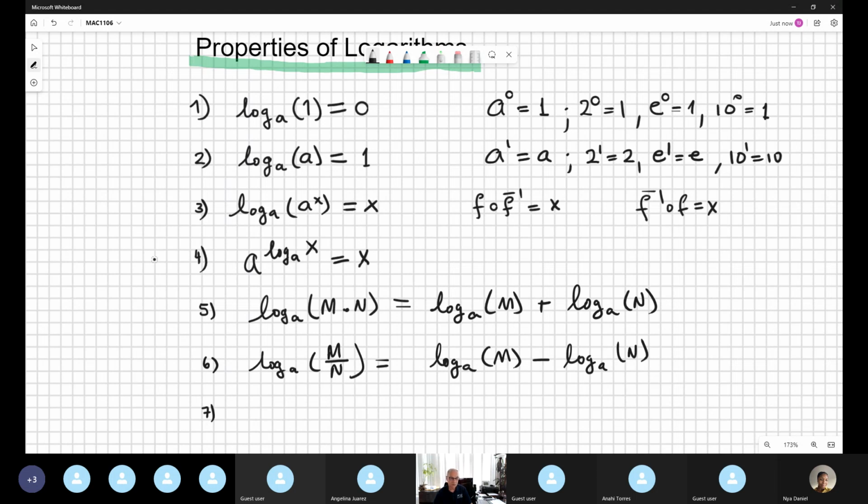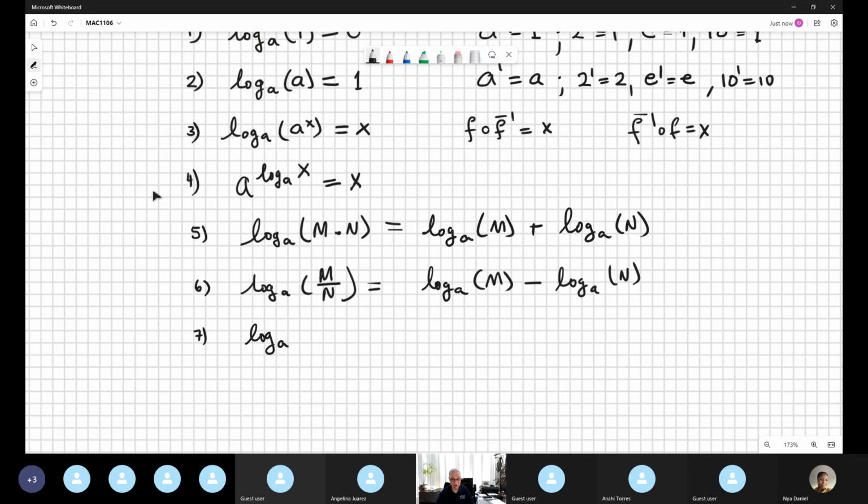Get to property 7. Suppose property number 7 says logarithm of any base. I suppose hypothetically always that the base is A. A is any real number that is an acceptable value for the base. Okay, you know that the base is positive, not 0, not 1. So suppose in the argument you have M, which represents an expression or number, and we have an exponent R. And magically this exponent goes to the front as a simple factor or multiple.